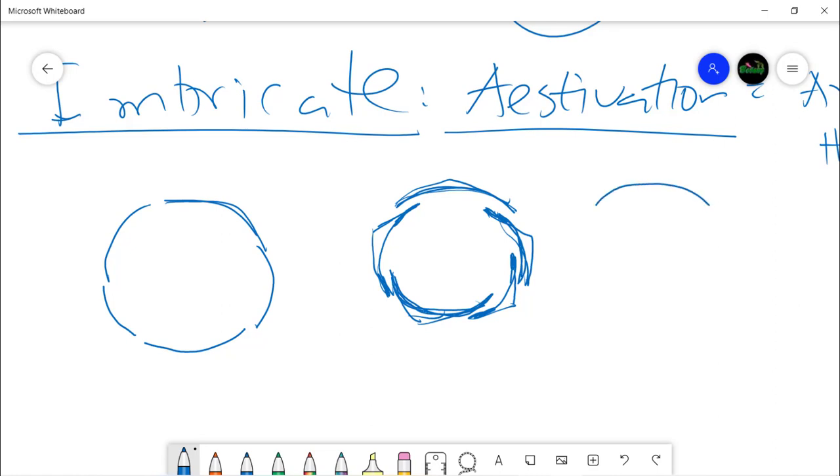Let's draw it again. So this is the external, and as you can see, the same arrangement we have just drawn.